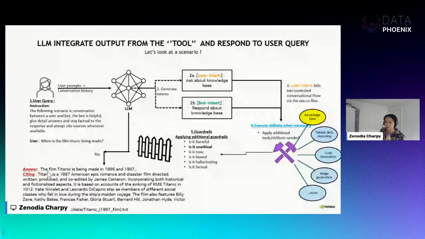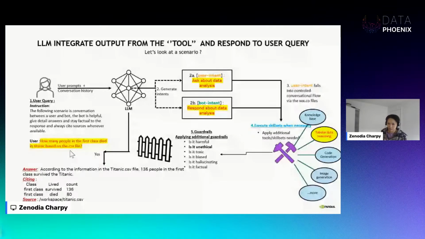Now, similarly, you can equip the language model with other skill sets. Let's take a look at another one. This time, it's referring to a CSV file that you supply to the language model. This time, the intent extracted is about data analysis. It triggered a flow asking to do tabular data reasoning. So you equipped the language model with another model, which is an expert in reasoning about CSV and data frames.